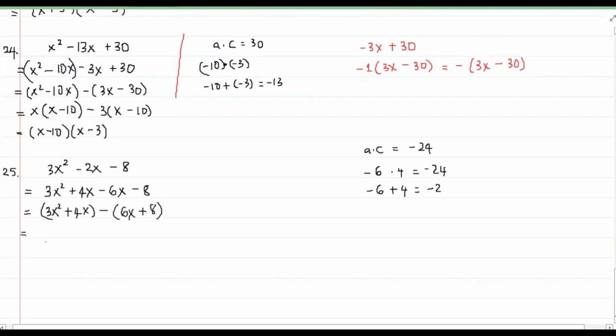Now 3x squared plus 4x, the common is x. Left with 3x plus 4. Minus 6 and 8, common is 2. Take 2 out. We have 3x plus 4 as well. Now 3x plus 4 is in common, take it out. Okay, we left with x minus 2.